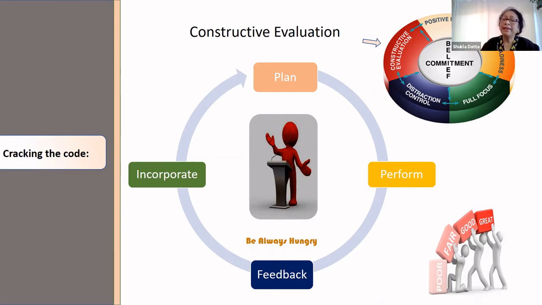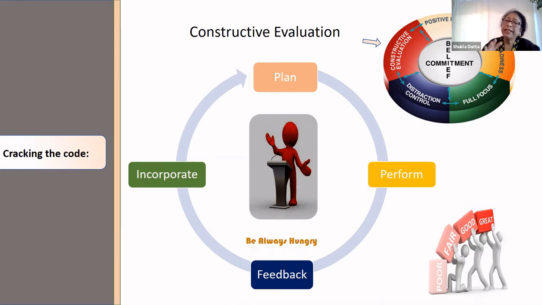So Kaizen, I think it's the same way. Slow but steady, we have to follow constructive evaluation. So what we have to do, like you plan your next performance, then perform it, then get the feedback. Of course, it has to be constructive.